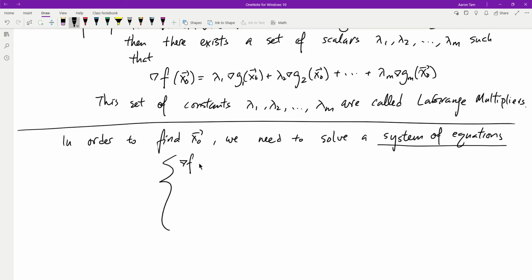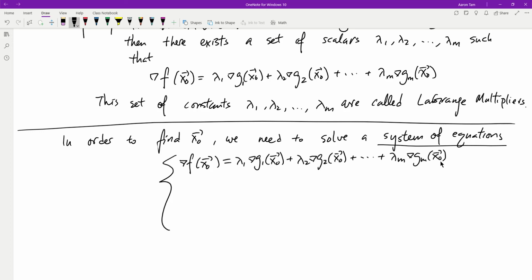Obviously, the first equation is this one. So that's the equation given by the Lagrange multiplier method.